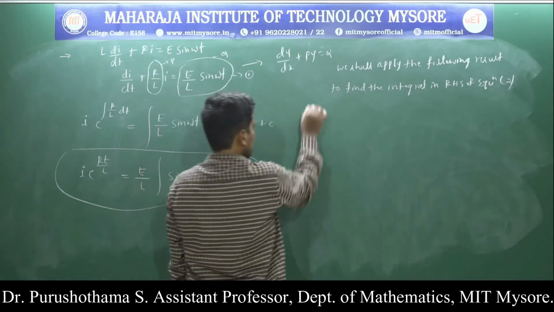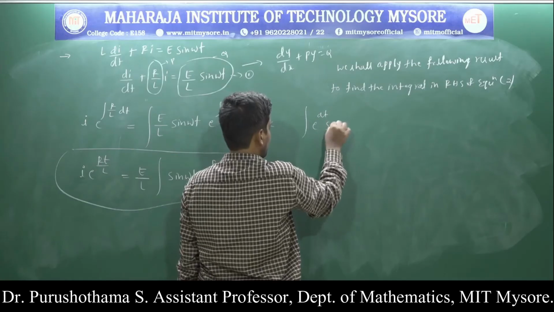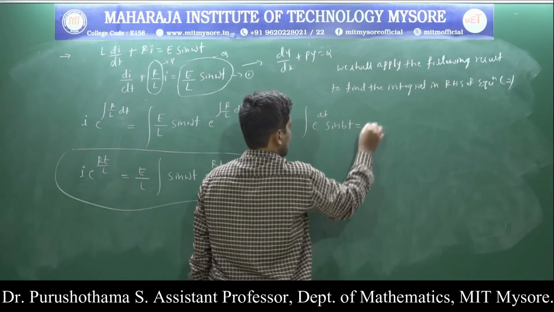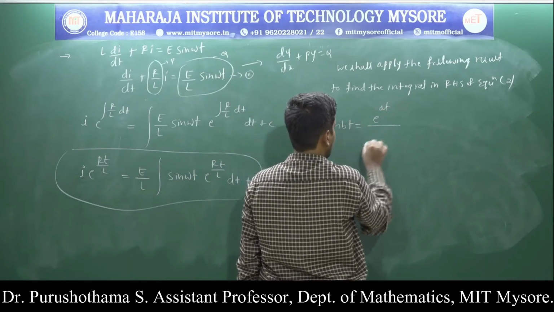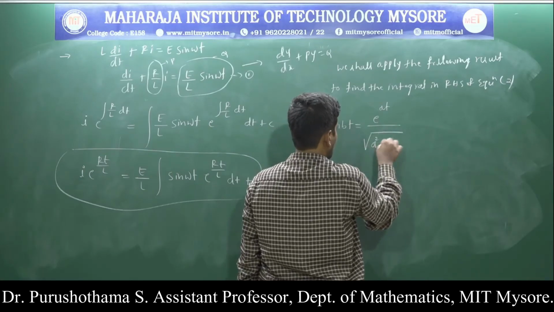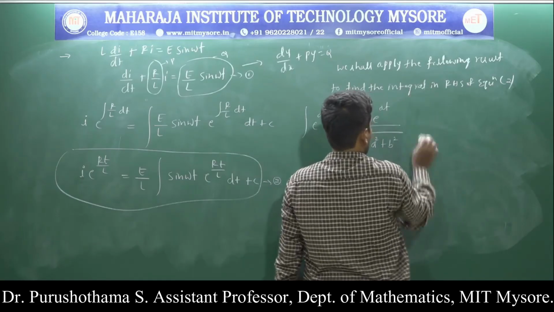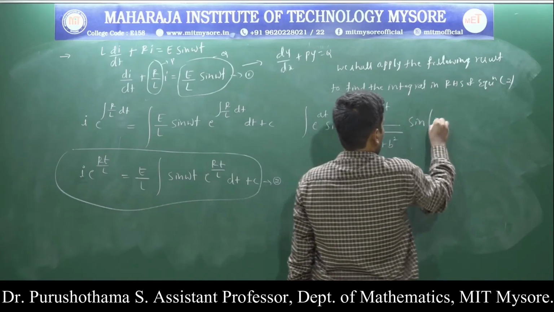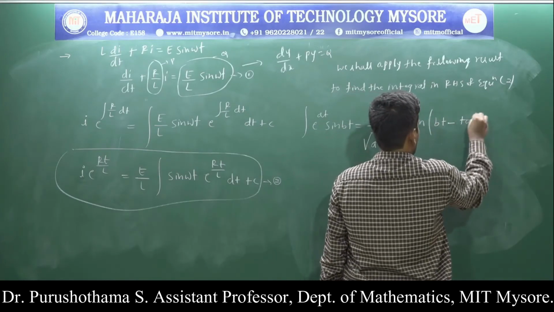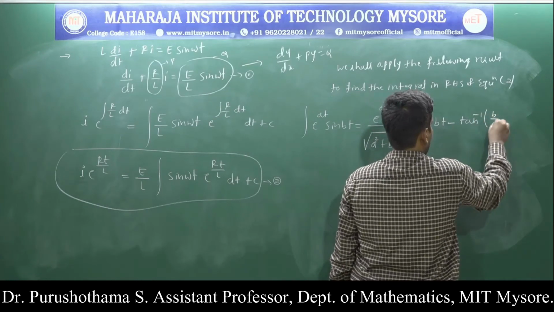So the formula is: the integral of e power at into sin bt is equal to e power at divided by square root of a square plus b square into sin of bt minus tan inverse of b by a.